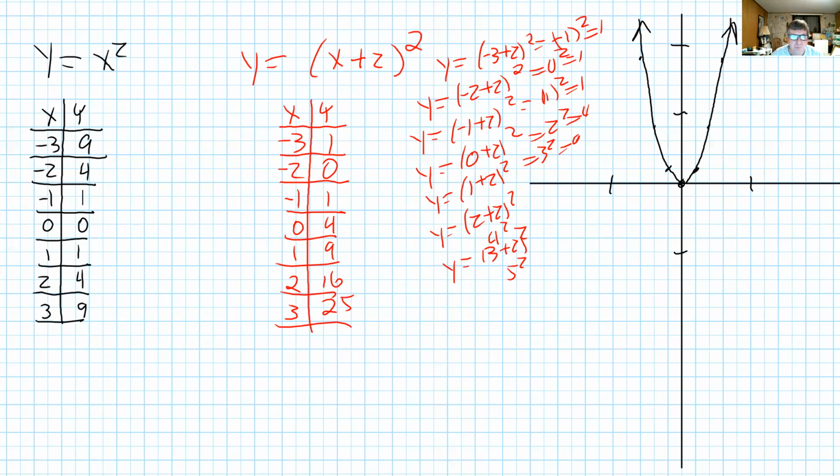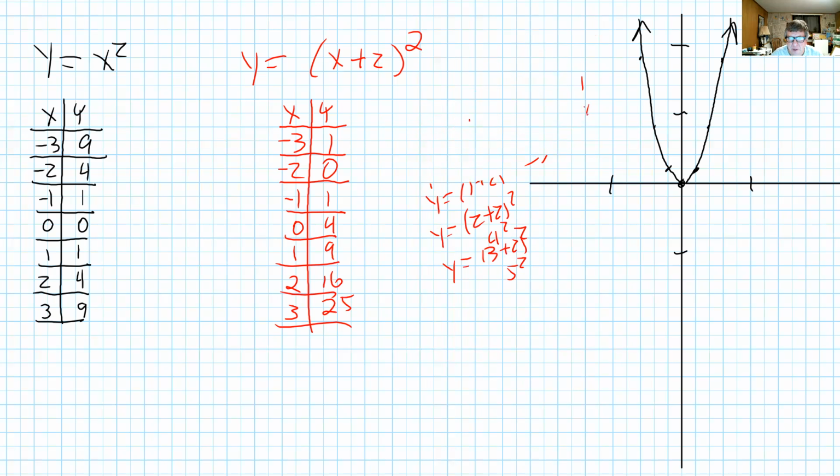Now, I'm going to erase all my calculations there because I might need that room. -3, 1. -2, 0. -1, 1. 0, 4. 1, 9. 2, 16, 3, 25. I'm not going to be able to graph those.